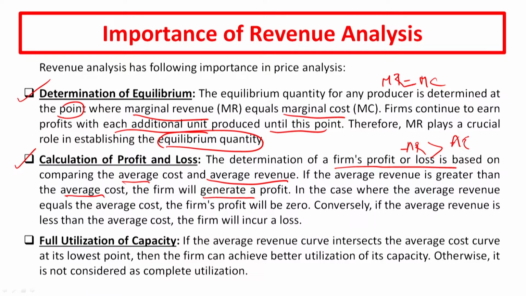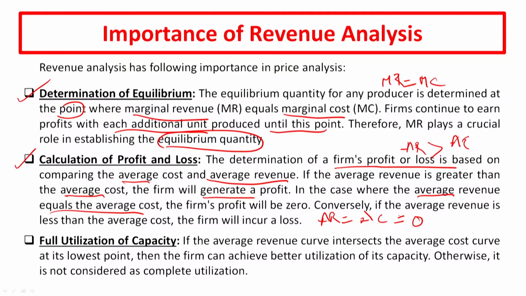In the second case, average revenue equals the average cost, the firm will earn zero profit, as you are able to see on the screen. When both average revenue and average cost are equal, the firm will be attaining zero profit.